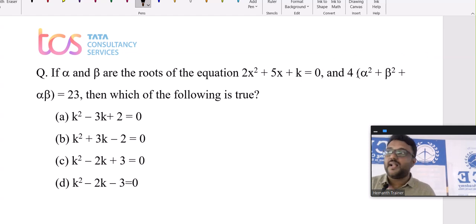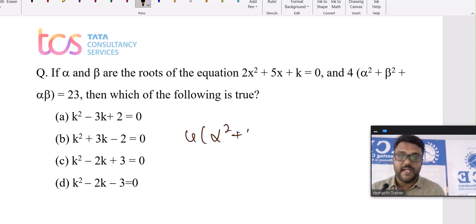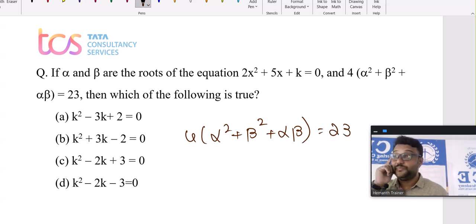Alpha and beta are the roots of the quadratic equation. They said, okay, and they're giving 4 into alpha square plus beta square plus alpha beta equal to 23. Then which of the following is true? Right?